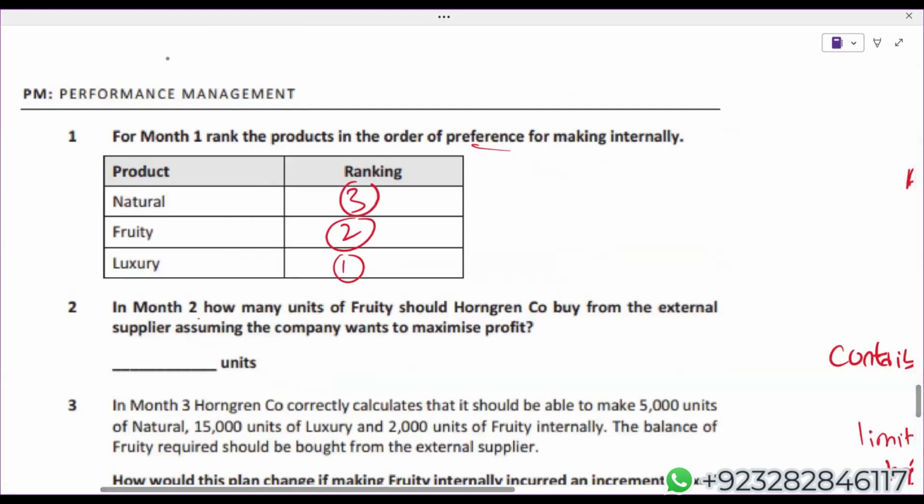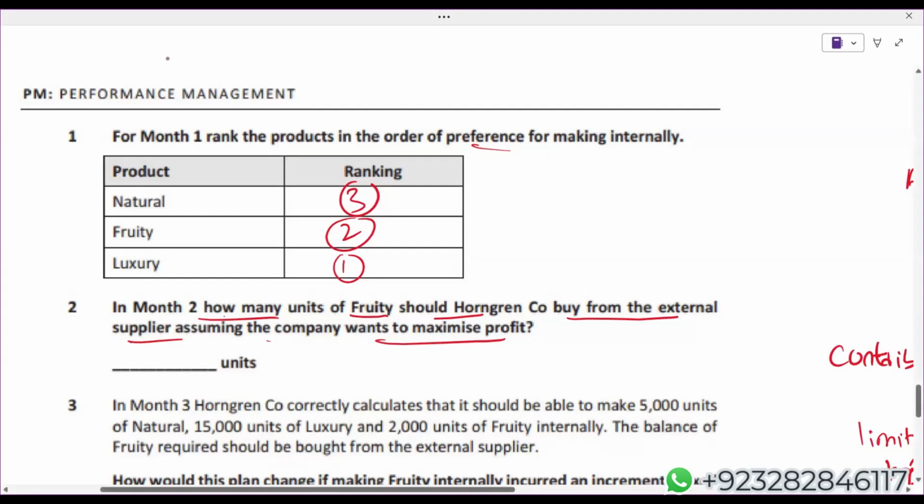In month 2, how many units of fruity should Horngren Company buy from external supplier, assuming the company wants to maximize profit? So it is categorically asked in month 2 how many units of fruity the company should buy from external supplier. Now listen. In month 2 the scenario is different.